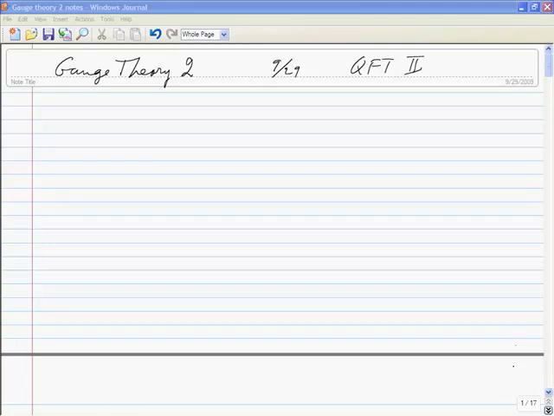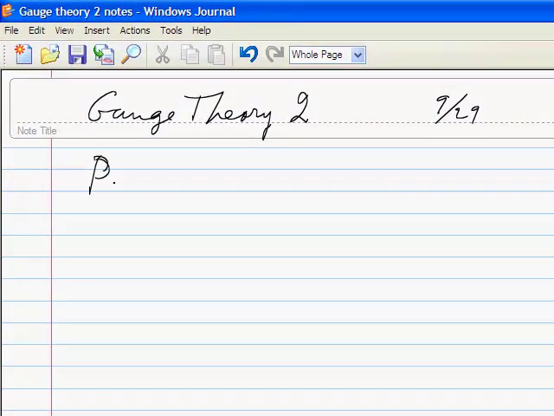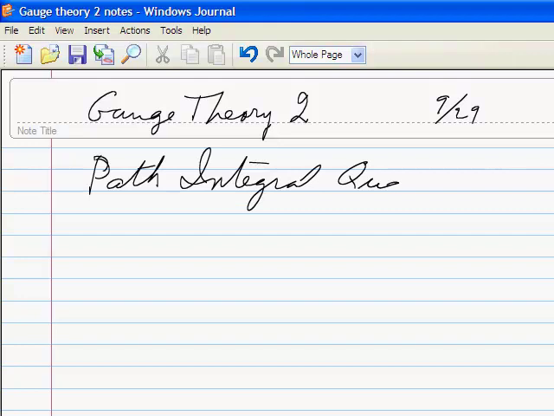Okay, we're doing this path integral quantization. We got so far as to find out that to restrict the path integral, we wanted to insert something.